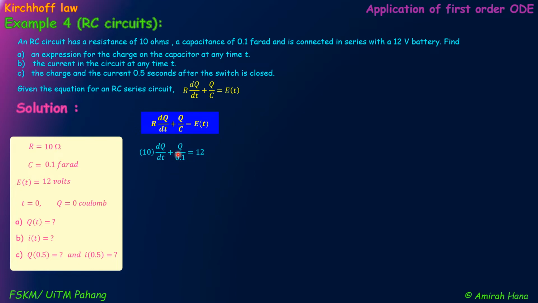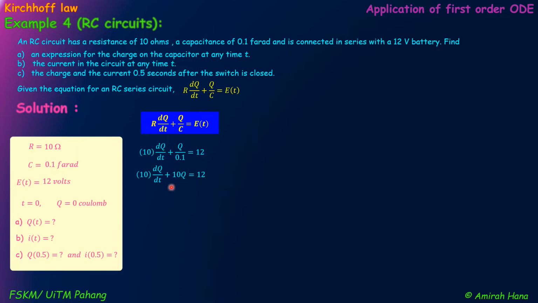After we simplify, we get 10 dq over dt plus 10q equals 12, since 1 over 0.1 equals 10.